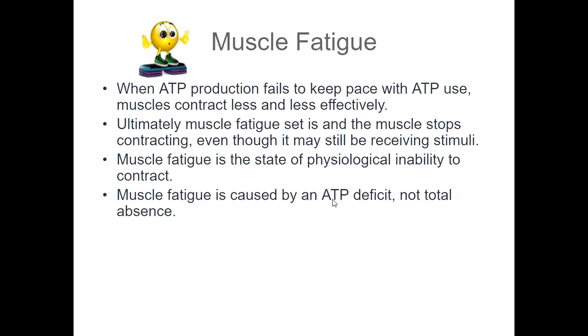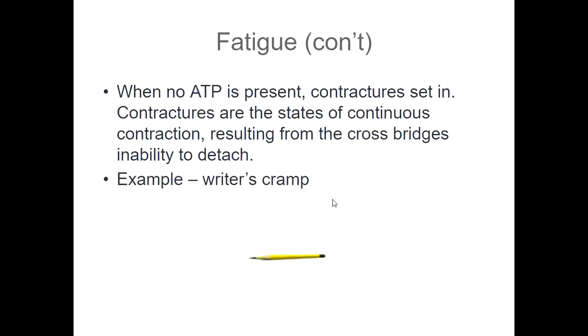When we totally run out of ATP, we have a different reaction. It's called a contracture. Basically, what happens is your body causes your muscles to go into a state of continuous contraction. And it's because we need ATP to break the cross bridges in the sliding filament model. So if you can't break the cross bridges, then that means the muscle stays rigid and contracted.